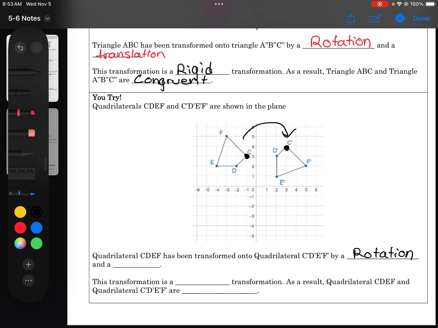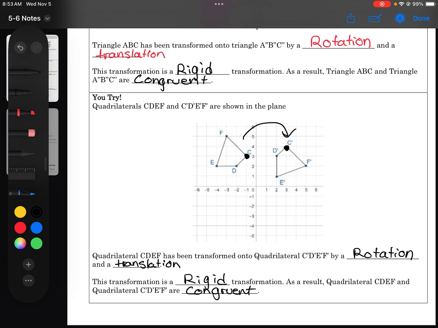So it got flipped around here. So the way that we need to handle this is it's a translation. It got slid. Okay? So once again, a rotation followed by a translation. It's a rigid motion. It doesn't change the size and shape. Now a dilation does, so that's going to change. So as a result, because it's a rigid motion, these figures are congruent.